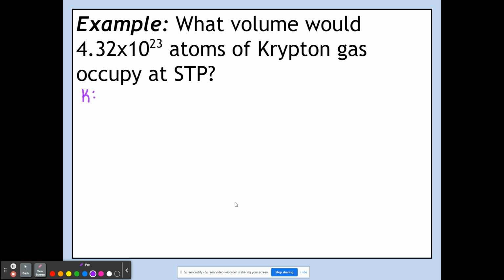So my known is going to be 4.32 times 10 to the 23rd, and my unit is atoms of krypton. My unknown, it says what volume. So I know it's going to be question mark liters of krypton. So now, how do I get from one to the other?